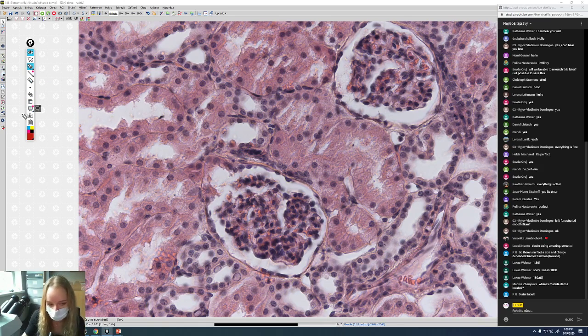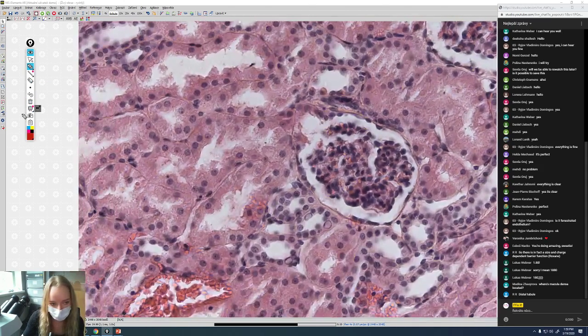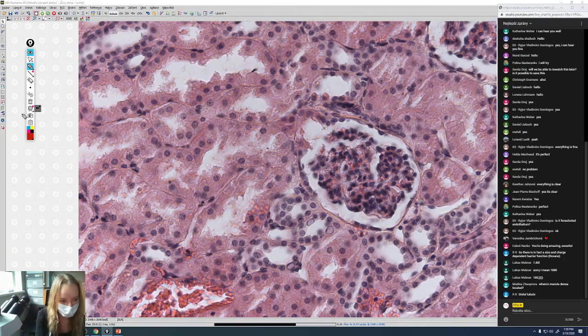So I'm going back right here. And you probably already know, this is the proximal tubule, and all of these tubules here, which I'm drawing like this, these are the parts of the convoluted proximal tubule.